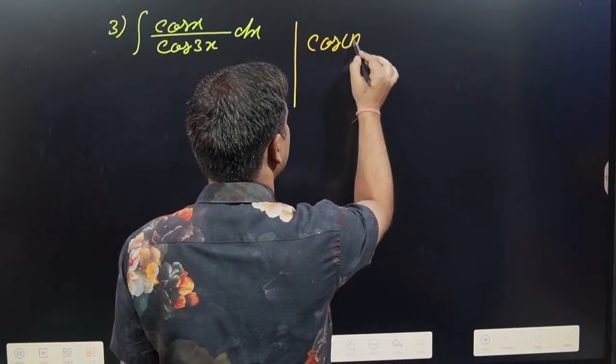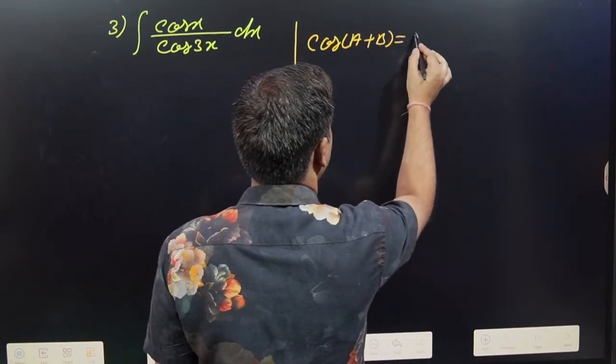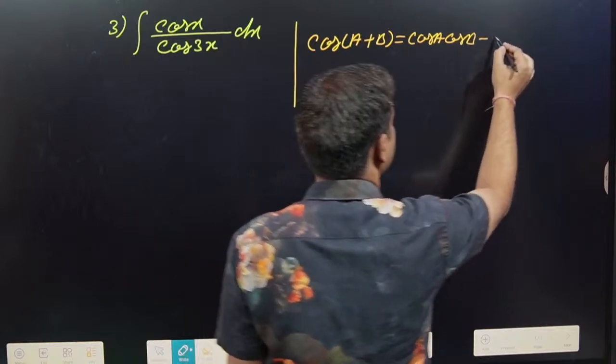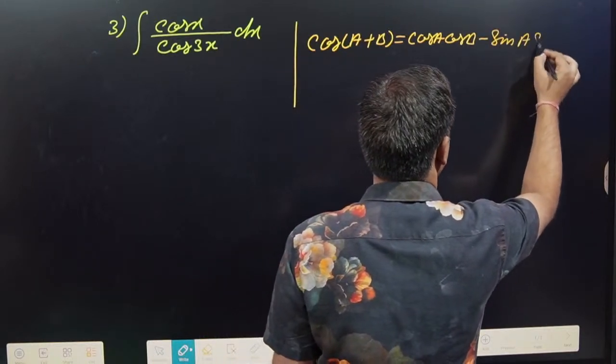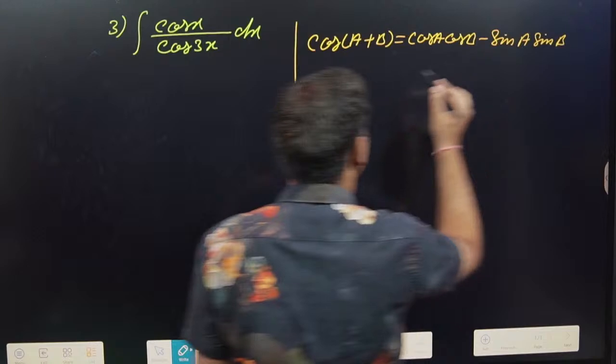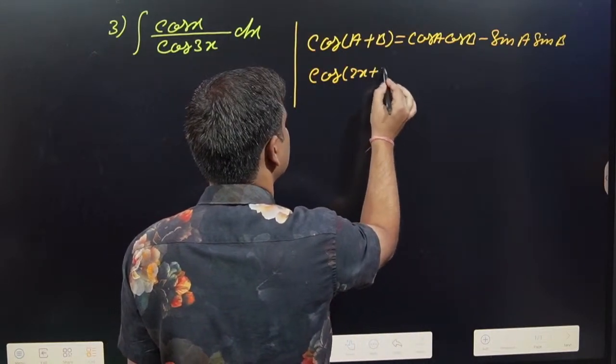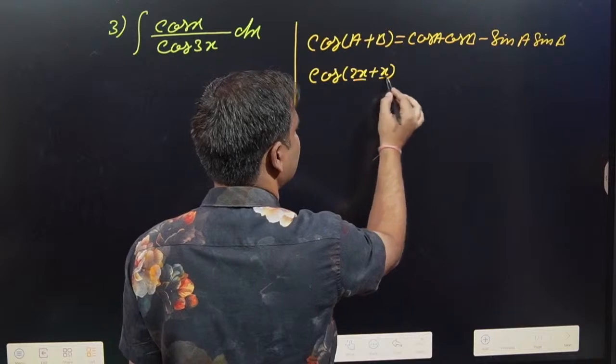cos of a plus b, which is cos a cos b minus sin a into sin b. So cos 3x is cos of 2x plus x.